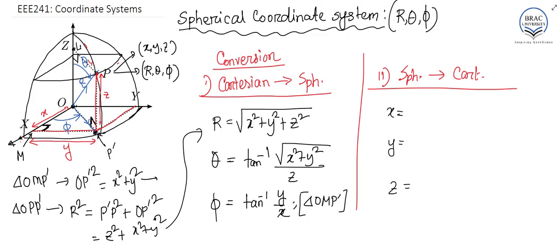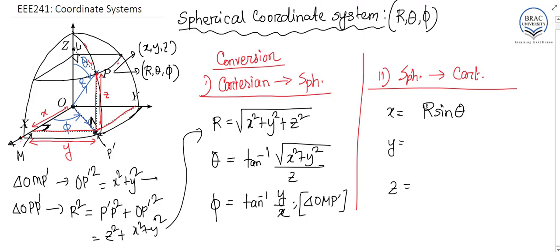But if you take r sine theta, then you will get the component of r on the xy plane. Okay, that means this shadow, this OP prime shadow over here, will be derived if you simply take r sine theta.